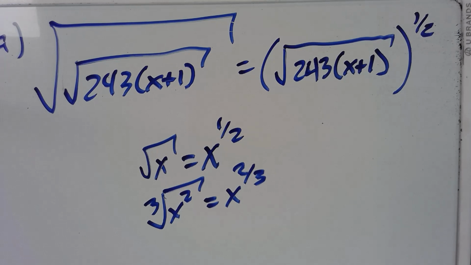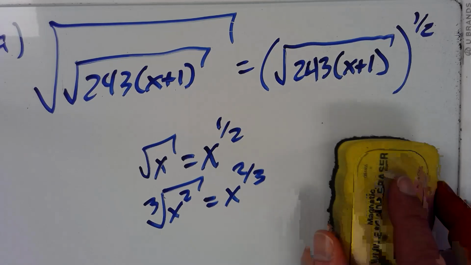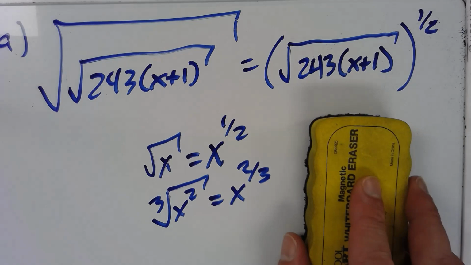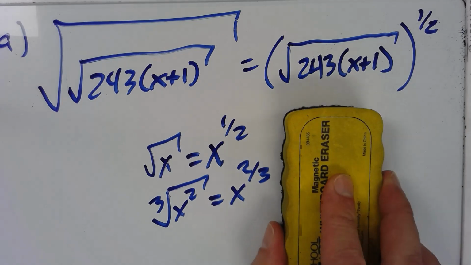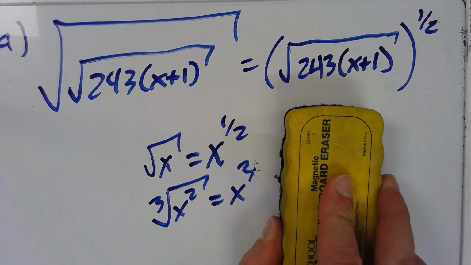Get the lingo down now. Got it? What is this part? Just this part. We're not done with this problem. Is this okay if I just do this part down here?